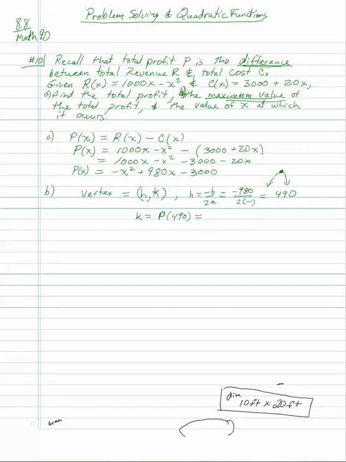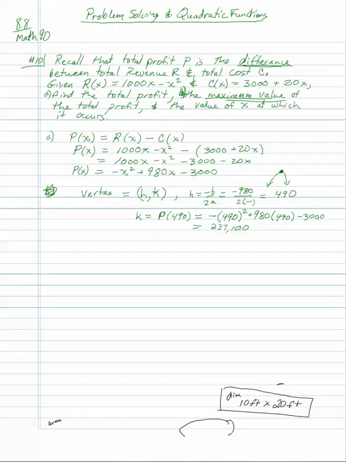Now remember, for B, the maximum value is going to be the y value, the k value of the vertex. So 490, so I get out my calculator. Plugging in my calculator, I have to do 490 squared, then the minus sign, plus 980 times 490 minus 3000. I get 237,100.